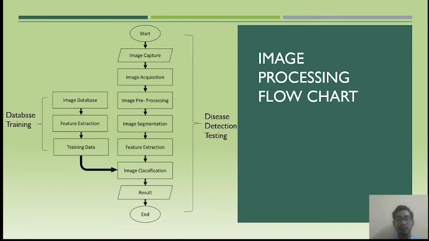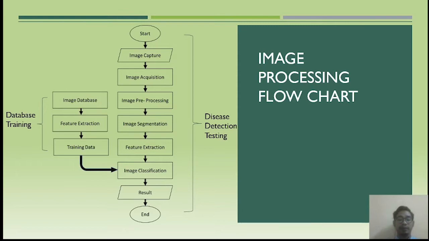So this is the flowchart for the image processing. Here we can see there are two flowcharts that connect to each other: database training and disease detection testing. The flowchart starts with image capture, image acquisition, image pre-processing, image segmentation, feature extraction, and then goes to the image classification.